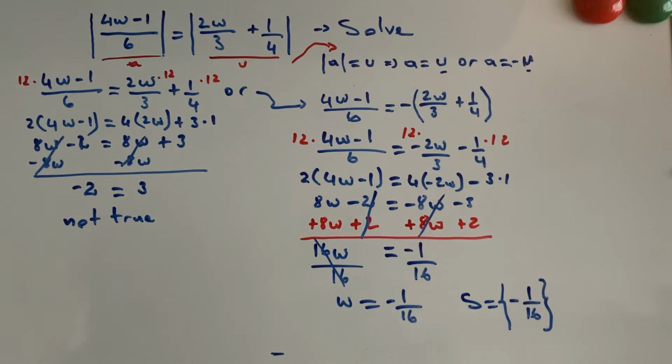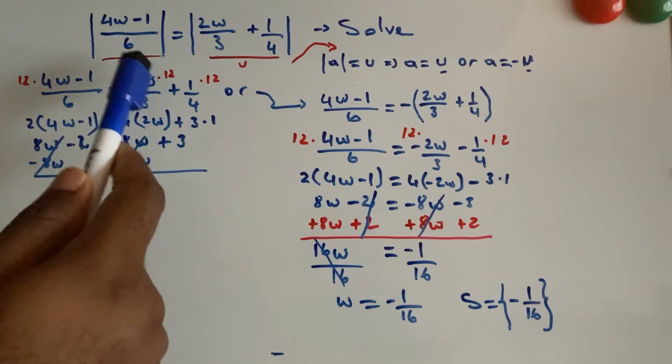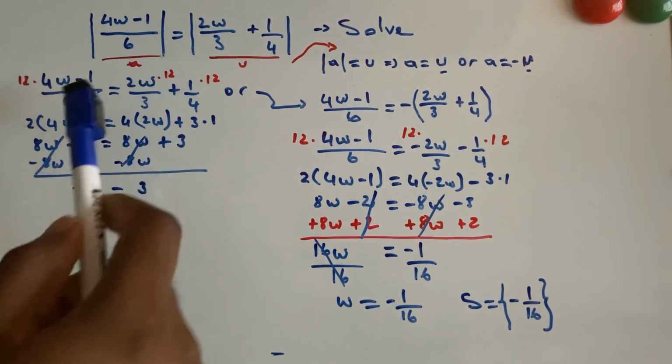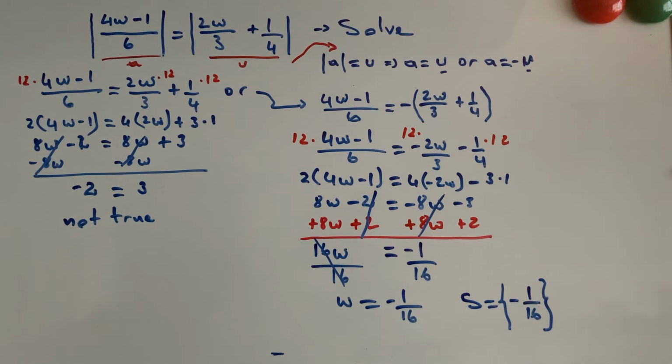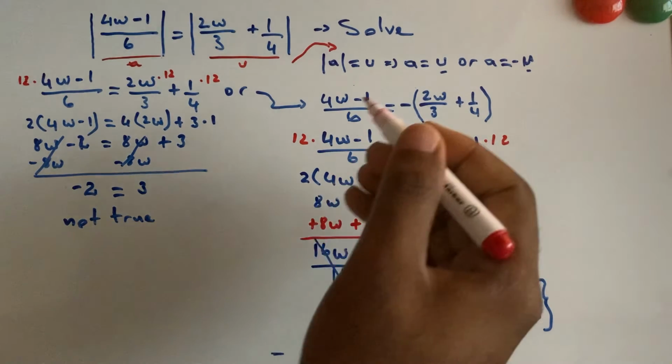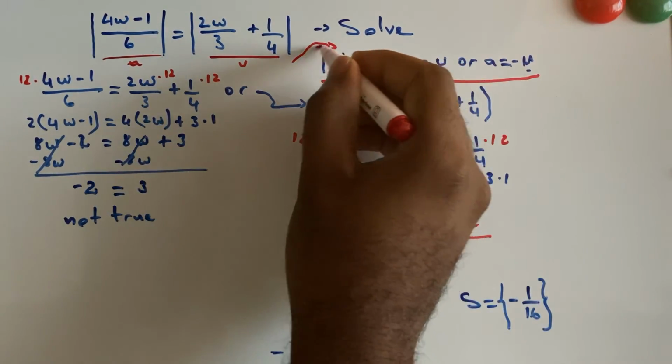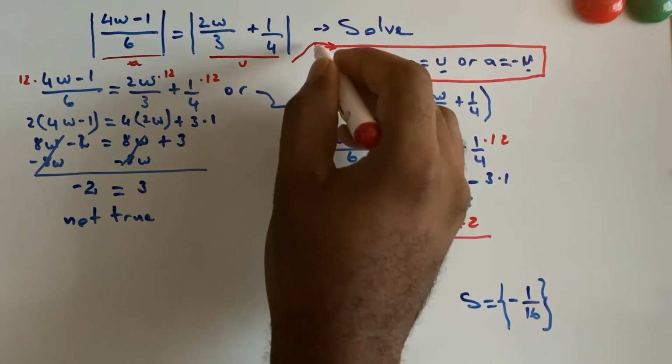Okay? So again, what you do for absolute value equations, you gotta make sure you take whatever you have between the absolute value symbol. You can call it whatever you want, x, u, b, whatever. But the key is for you to know this rule right here, which is true for absolute value.